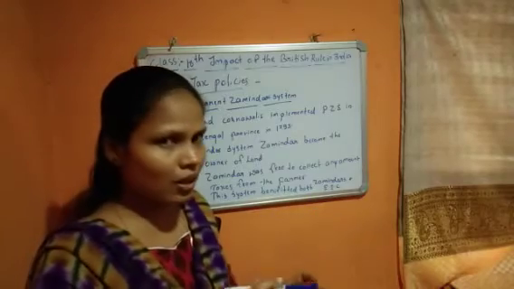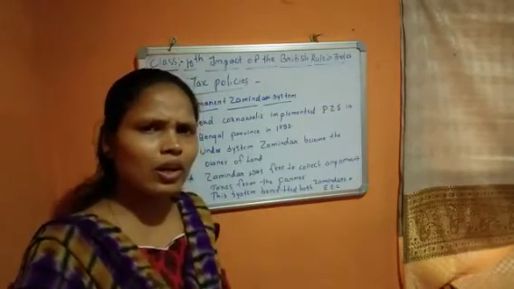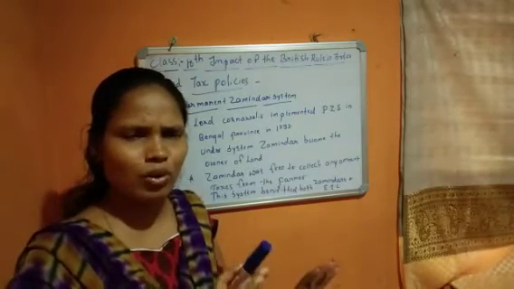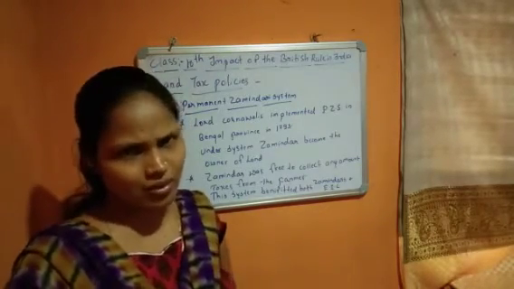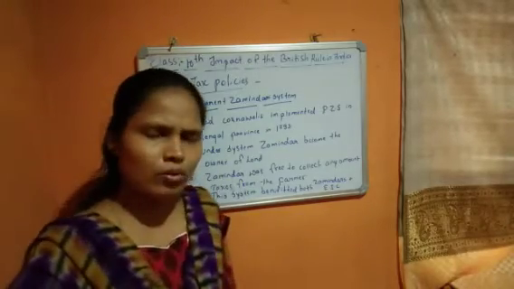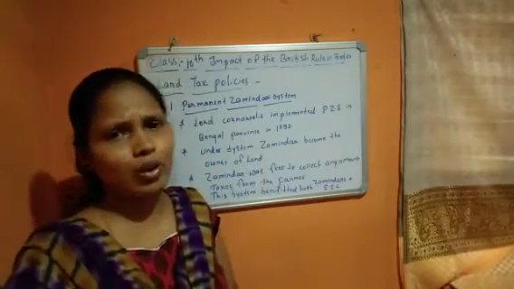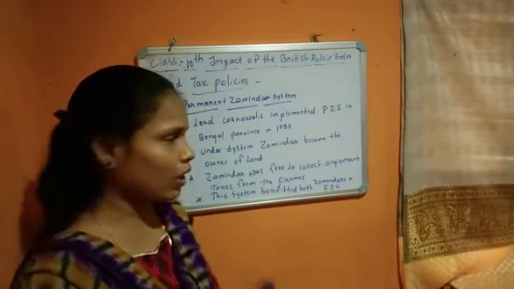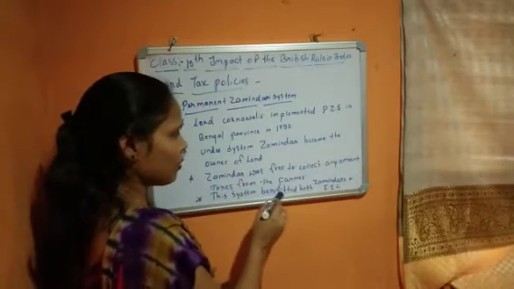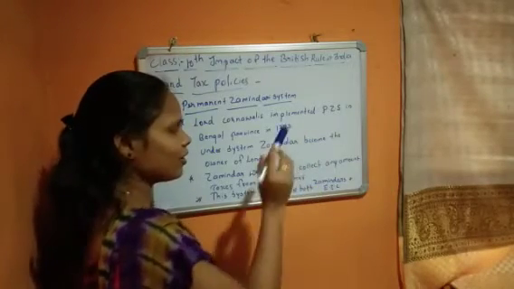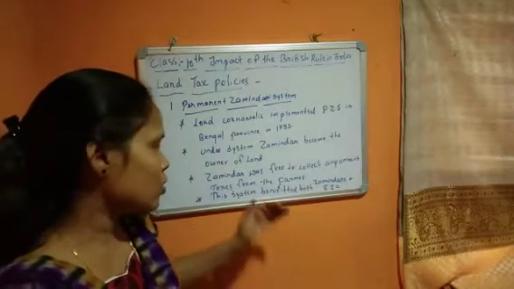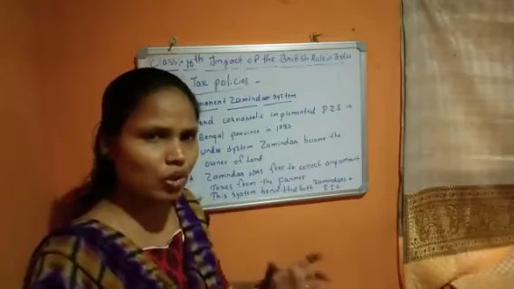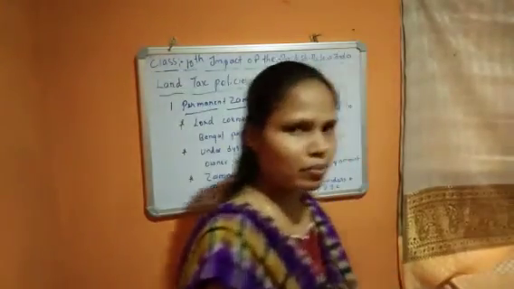There is no limit for collecting taxes for the zamindar. He was free to collect any amount of land tax and extra money he could keep himself. Totally this system benefited both zamindars and East India Company, so both enjoyed a lot of profit from this system.